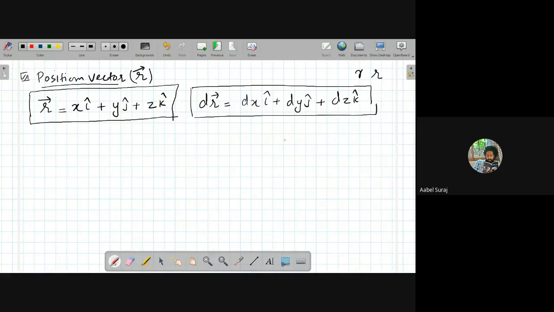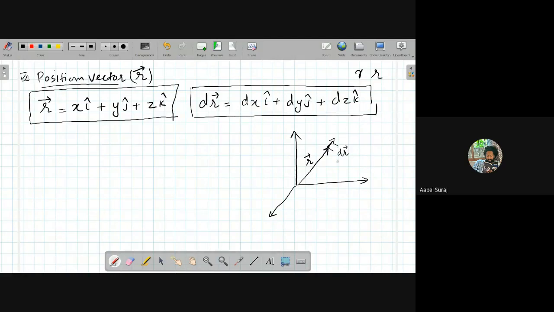If you have a coordinate here, a point, and a position vector r, and the point moves slightly, in a Cartesian coordinate system this slight change is dr.